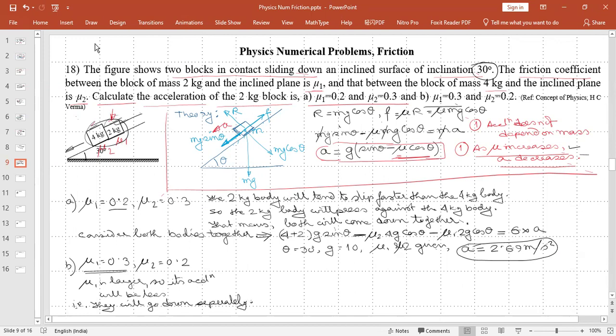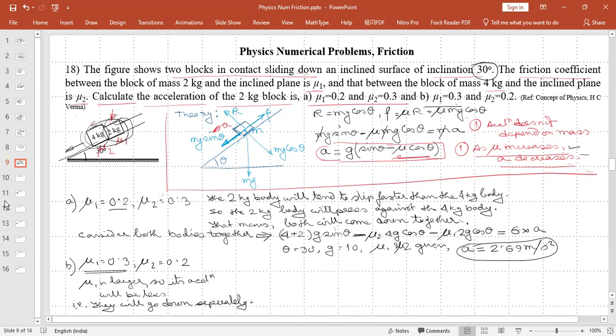Since the acceleration of the 2 kg body is less and the acceleration of the 4 kg body is more, obviously the 4 kg body will slip faster and the 2 kg body will slip behind it, keeping a distance.